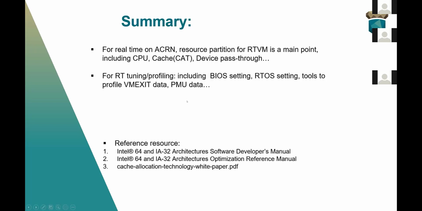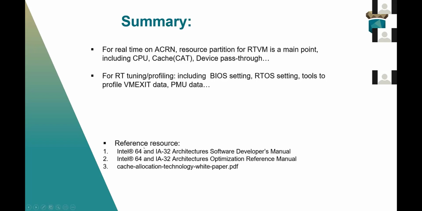But the tools to profile vMeetup data are just used for the ACRN project. For PMU data sampling, there are many tools, and also the patch we offered, you can integrate it into your RT benchmark or RT tasks to check the outliers, the exceptions, the root cause.